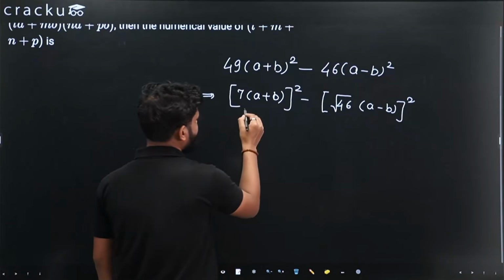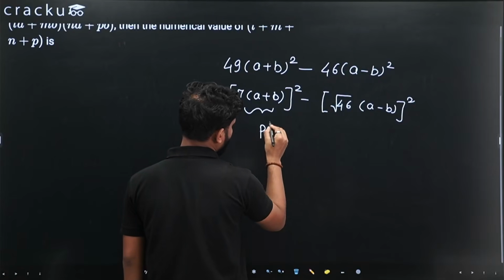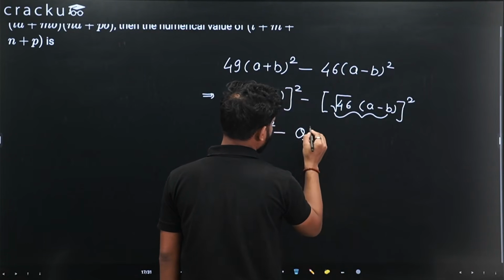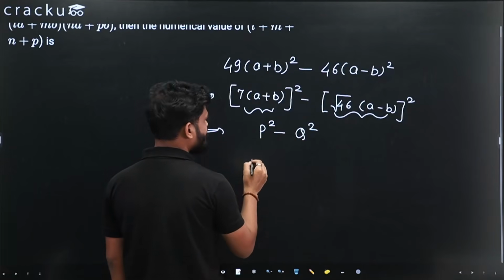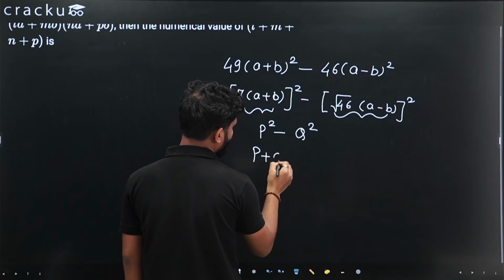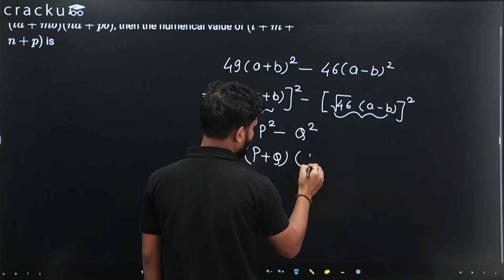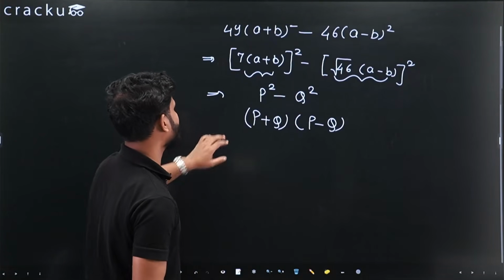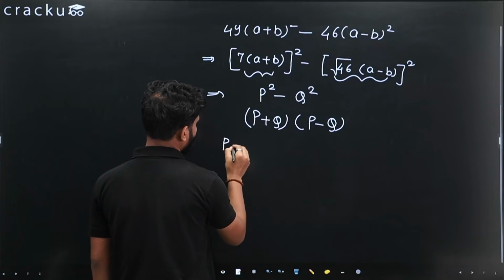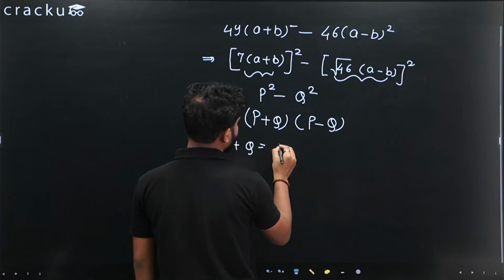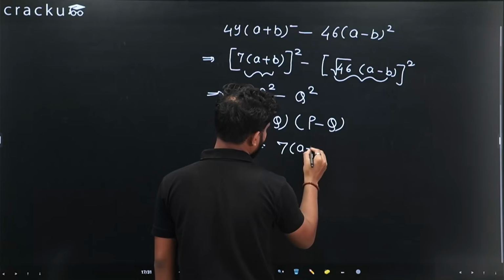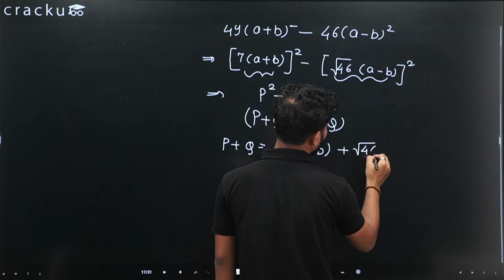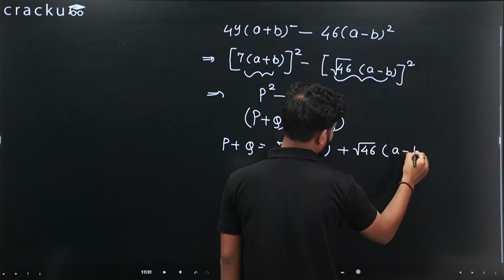So let us assume this value is P, so this is P square, minus this value is Q, so inside value is Q, so Q square. What is P square minus Q square? It is P plus Q into P minus Q, correct? So let us find P plus Q first. P plus Q will be 7 into (A plus B) plus under root 46 into (A minus B), correct?